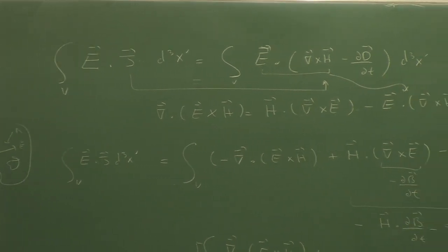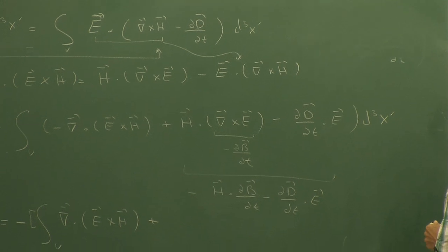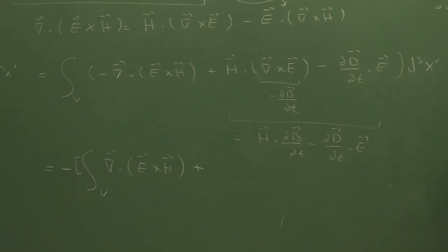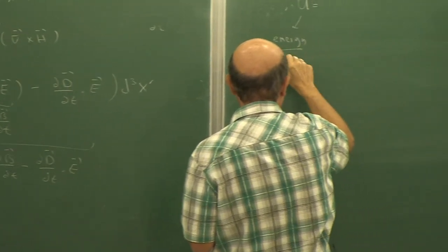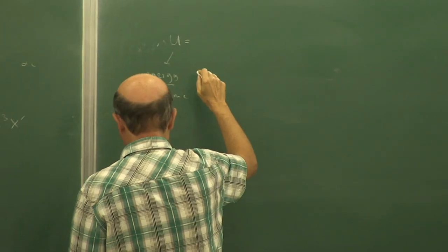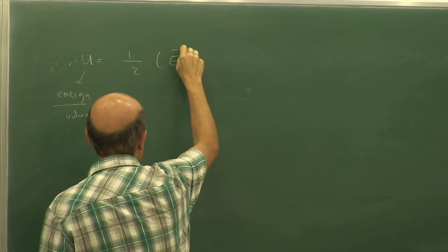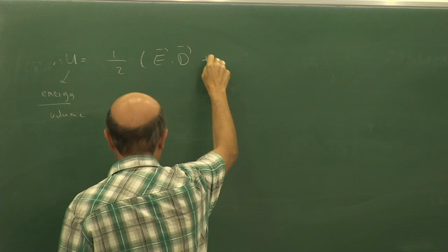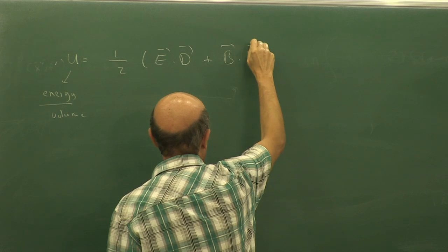So U is the energy density, energy per volume, which could be written as 1 over 2 of E dot D plus B dot H.